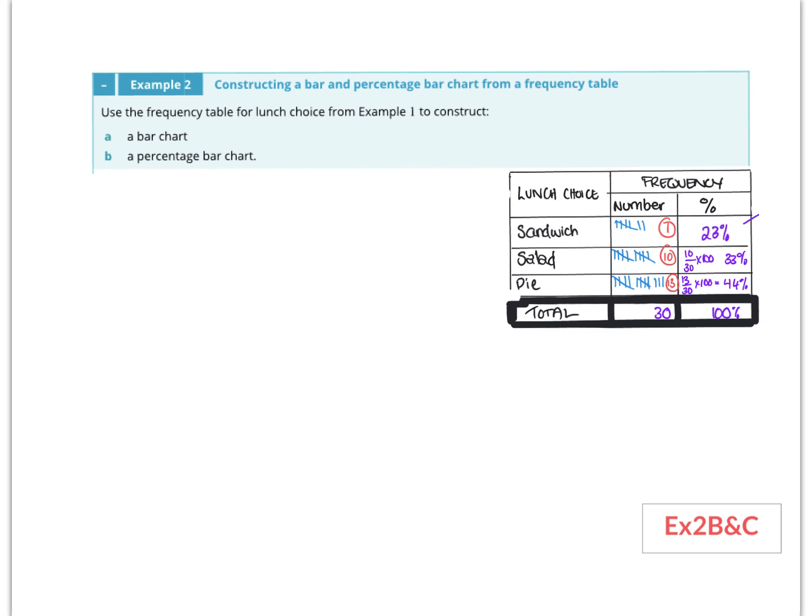Okay, so they want me to create a bar chart from the data we had before. What you're going to do is make sure you rule your lines. The first one, they just want a frequency bar chart. If you look at it, we had a maximum of 10, so maybe I'll just go 2, 4, 6, 8, 10. Then under here we'll have our categories, so I might do sandwich, and these should be spaced apart.